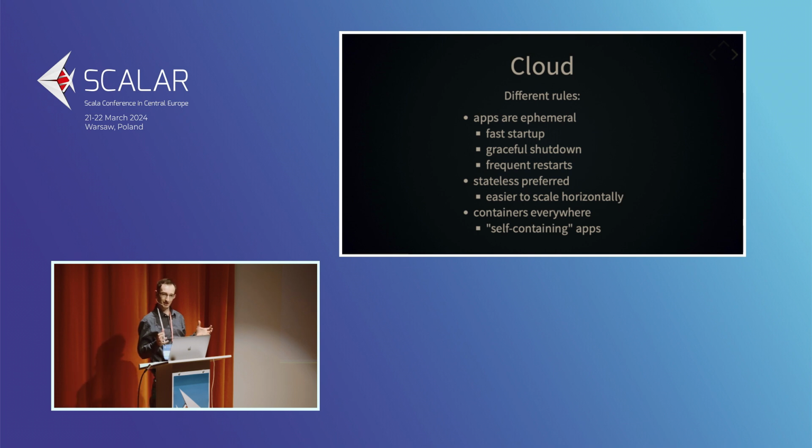Applications are ephemeral. So we have frequent restarts, and not only due to failures inside the application, but maybe some orchestrator like Kubernetes can decide at any point in time that, okay, I don't have resources here, so we'll kill the app here and put it there on a different node, or for any reason.